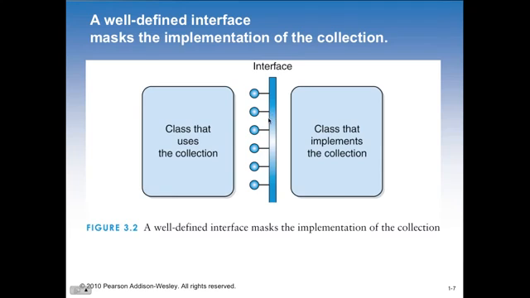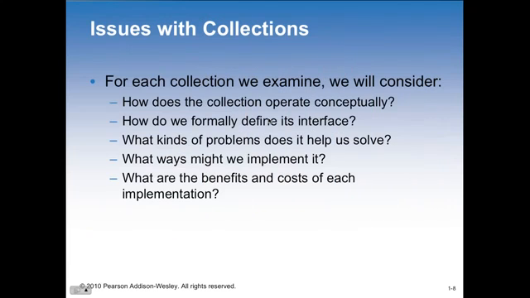So we don't actually have to know exactly how the collection is implemented. As an example, let's say we weren't working with Java at all, and we were working with C++. And I said, create a collection. Most people just sit there and go, okay. Well, we can do it with pointers.